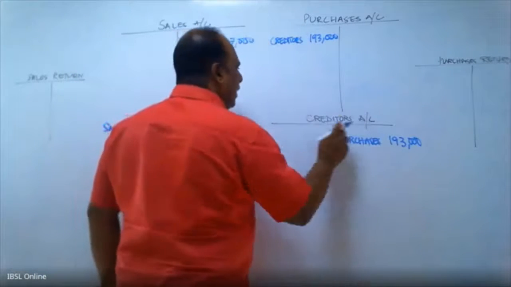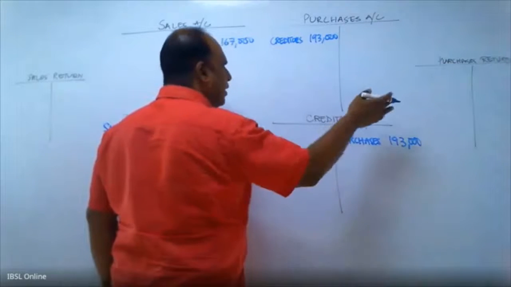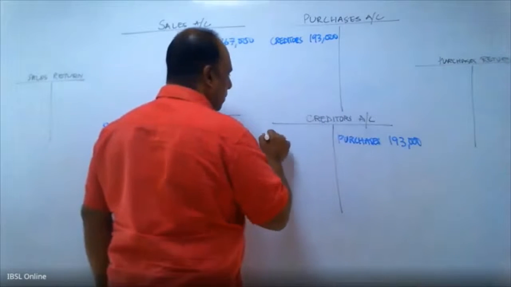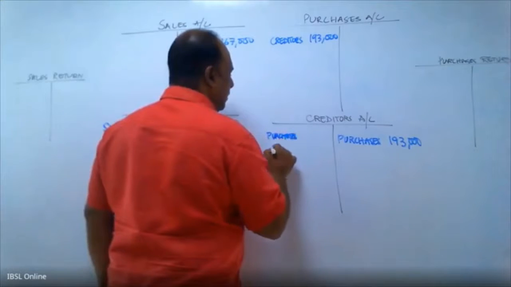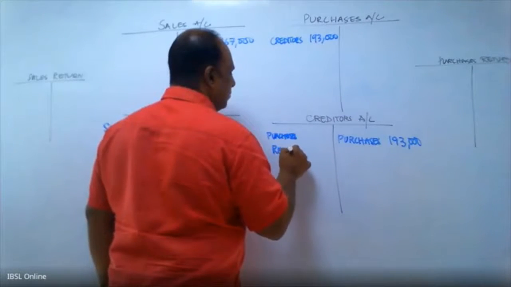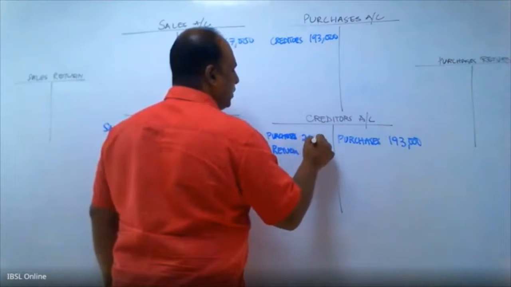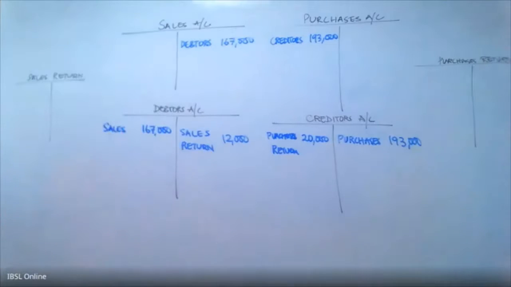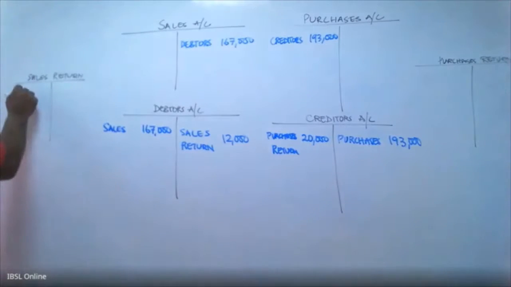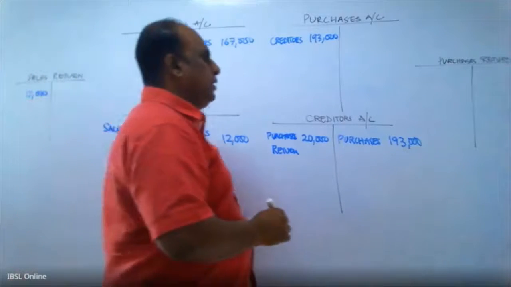I don't need to pay 193 now because I have returned goods worth 20,000. So purchases return 20,000 and you will credit 20,000 there. Ultimately, I'll put that also here: 12,000 here, 20,000 here.